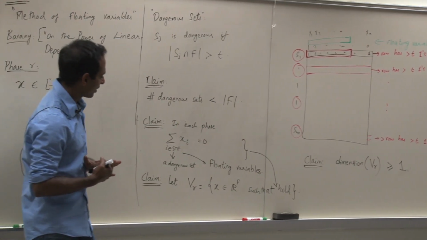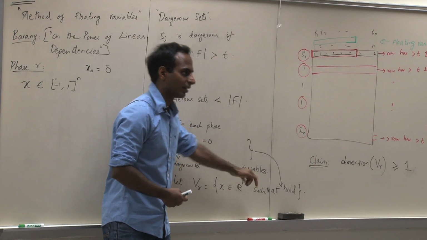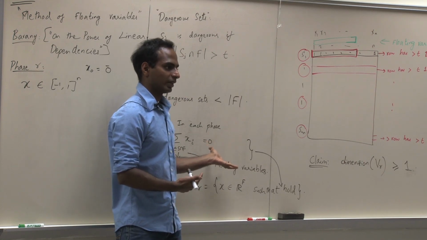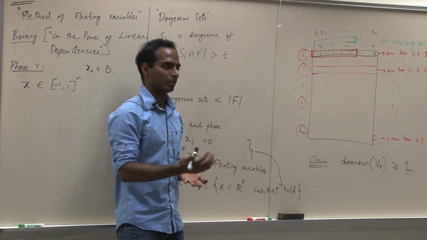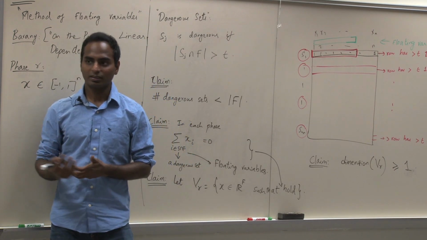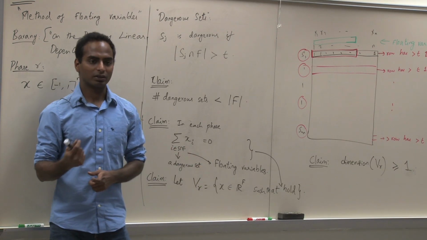Right. So, I am starting with a space which has size the number of floating variables, and then I am imposing a set of linear constraints, okay, linear equations that your vector must satisfy. And how many constraints am I imposing? Each dangerous set gives me a constraint that the vector must satisfy.